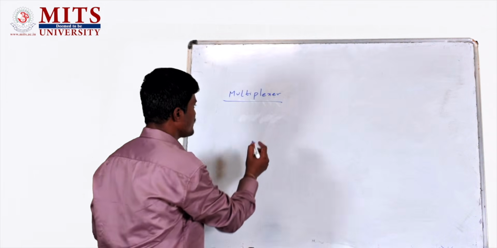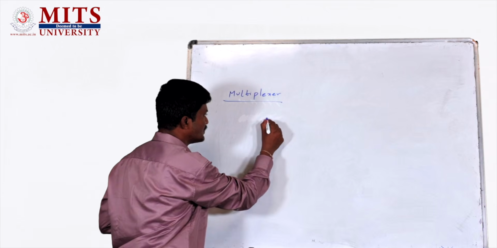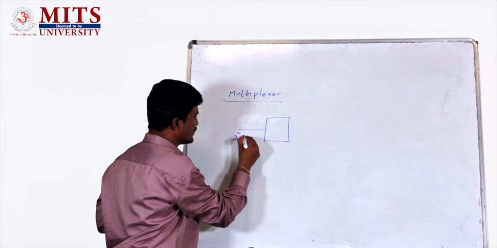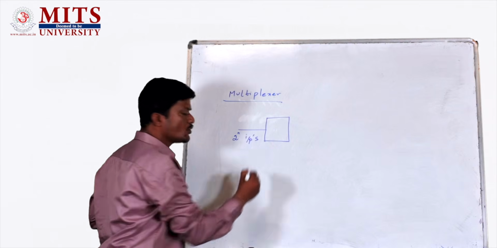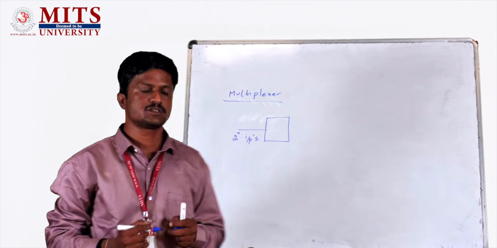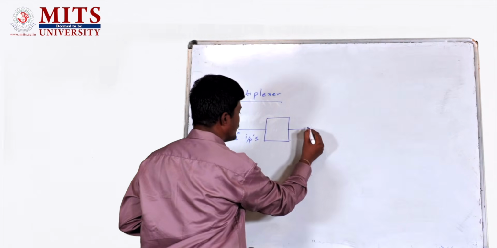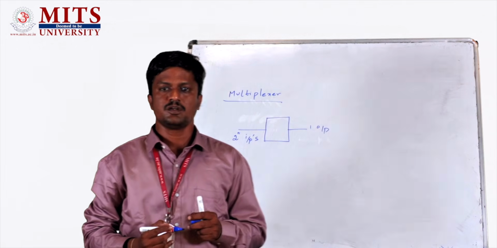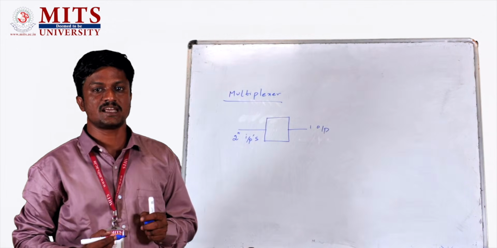It consists of 2 power n inputs, one output, and n number of selection lines.